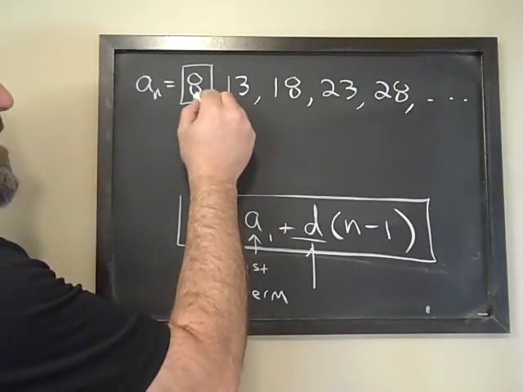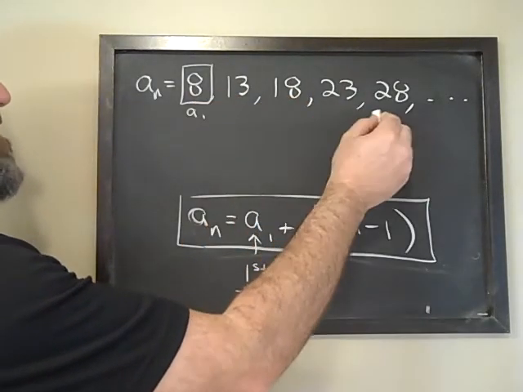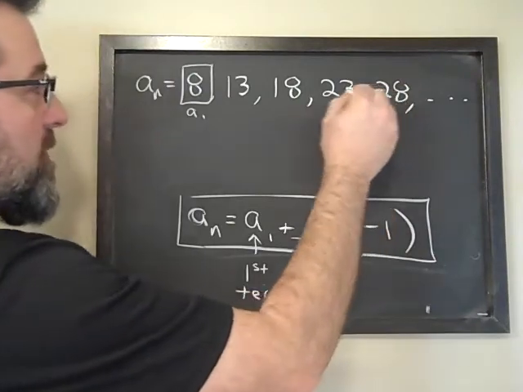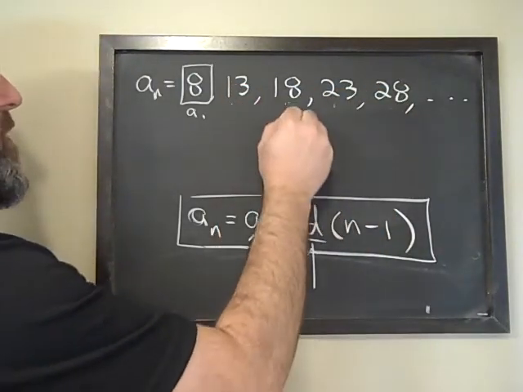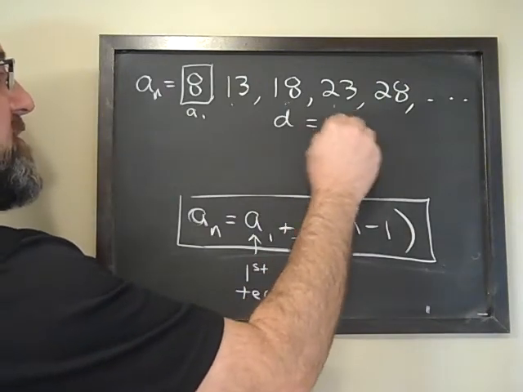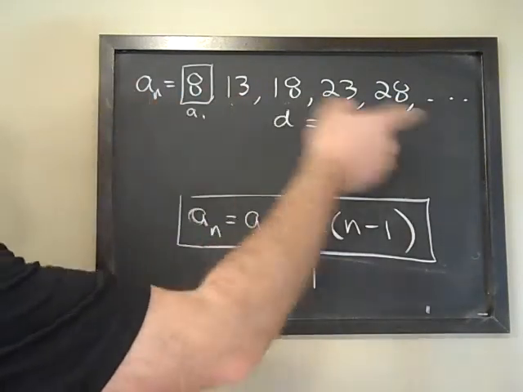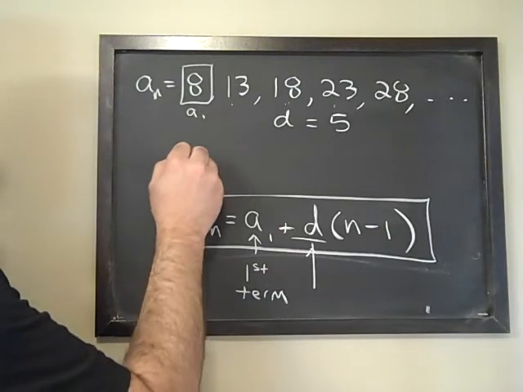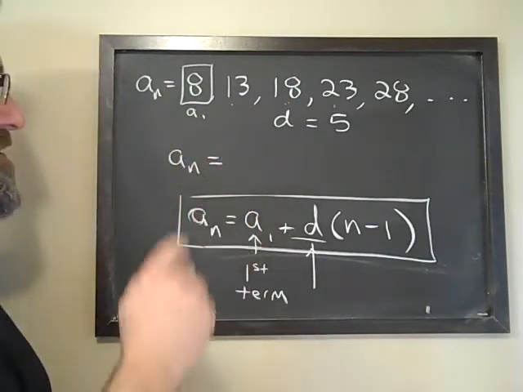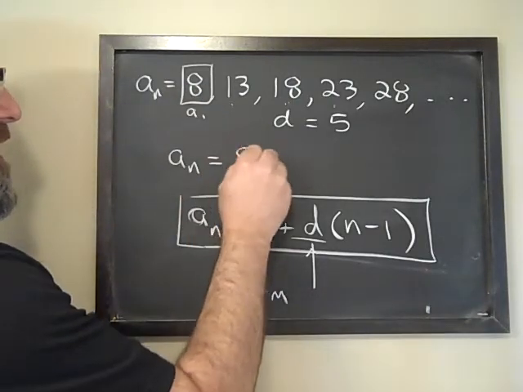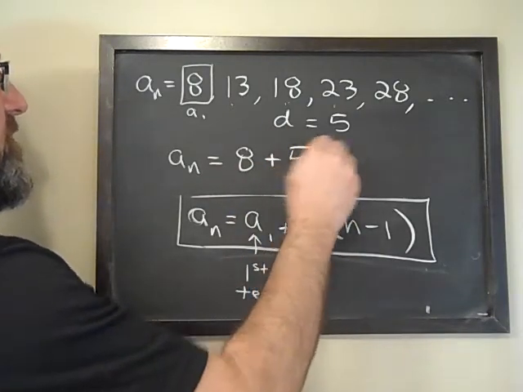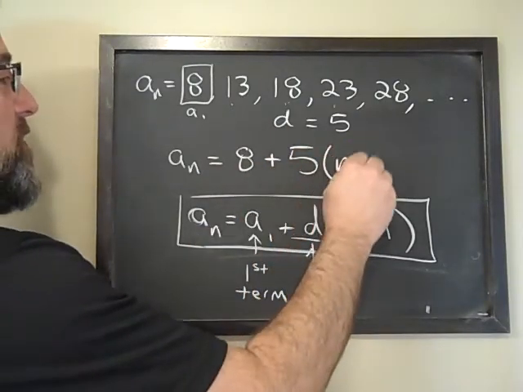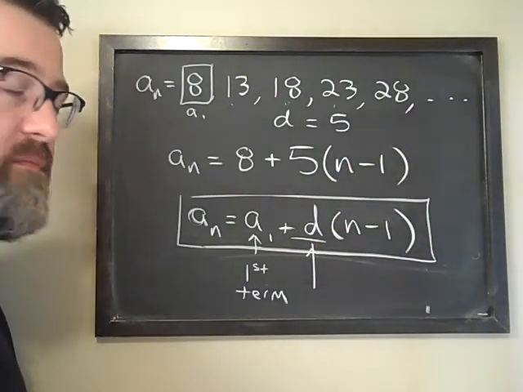We need the difference. What's the difference? How do we get from one term to the next? What's a new term minus an old term? You can see the constant difference is 5. So if I wanted the rule for this sequence, I just say a sub n is the first term, which we know is 8, plus the constant difference, which is 5, and we multiply it by n minus 1.